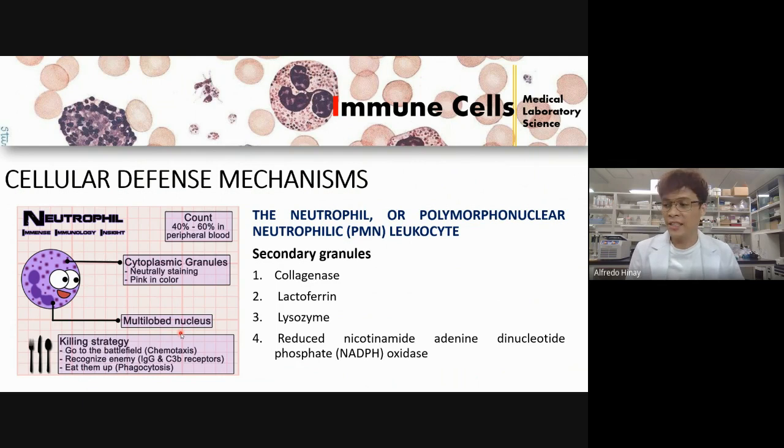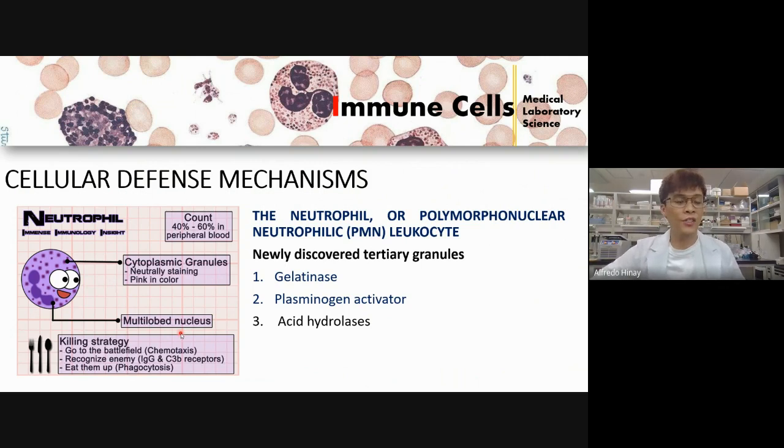So your secondary granules can also be used for your antimicrobial activities. However, other parts, like for example your collagenase, your lactoferrin, are also a component of your WBCs. When overexpressed, they can damage the human host and your human tissues. Okay, take note of that one.